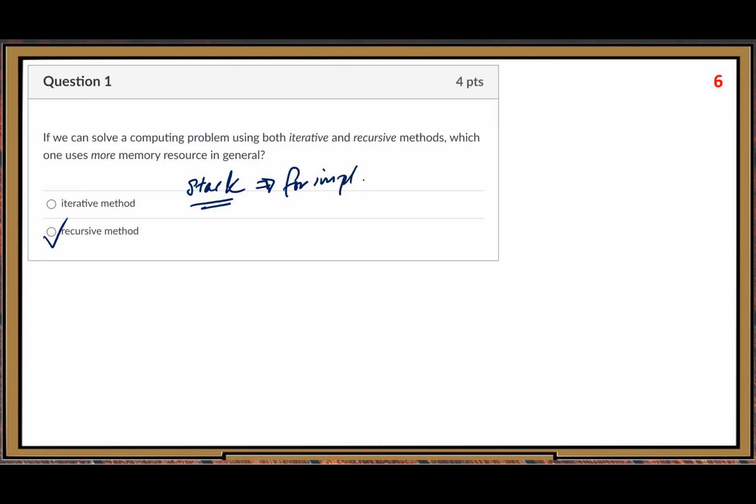implementation of recursion. And the stack could be deep.